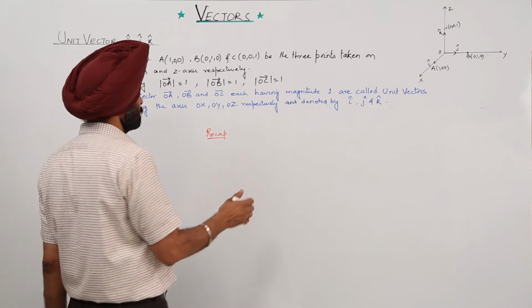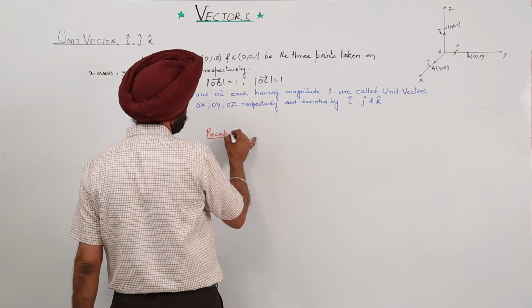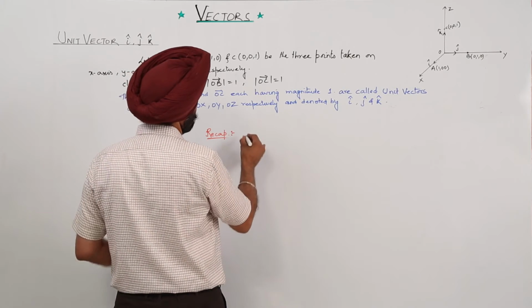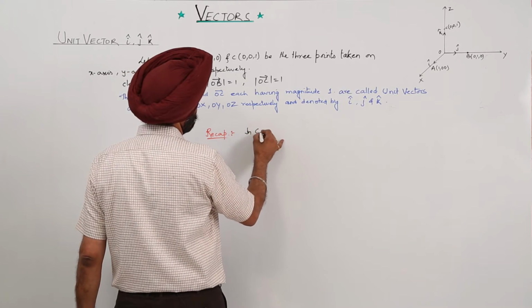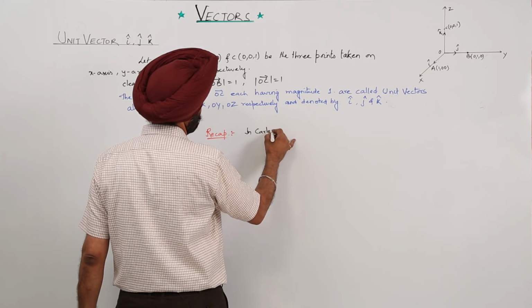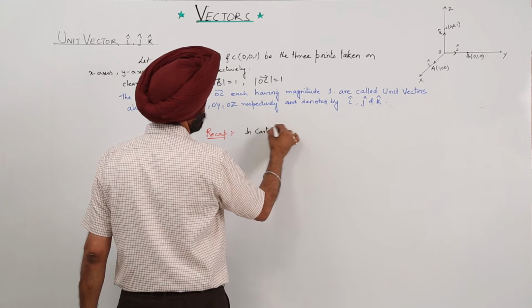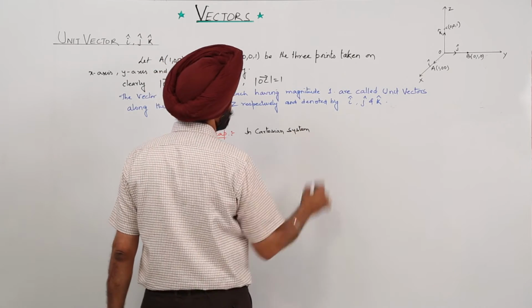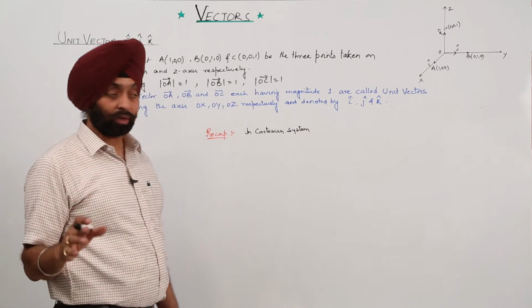Okay. Now the recap is: in the Cartesian system we have the x-axis and y-axis. Okay.